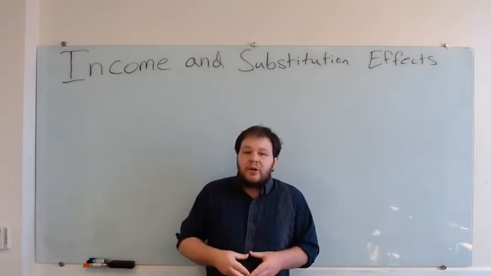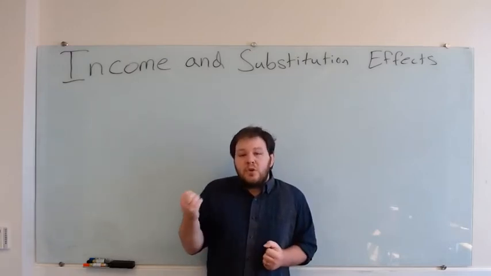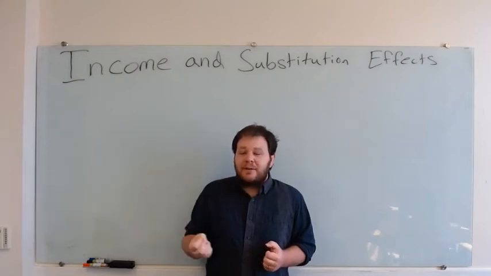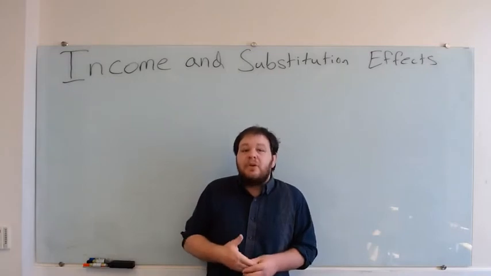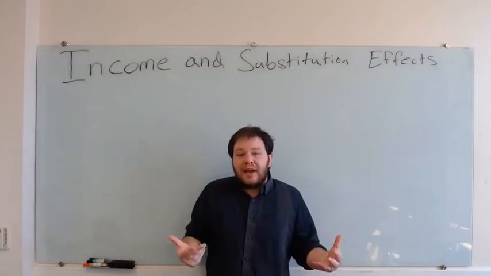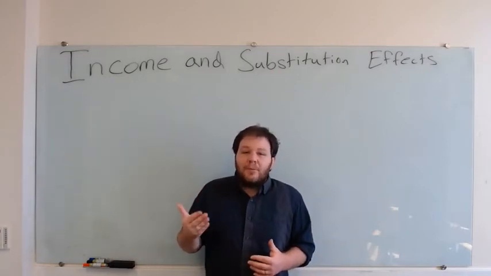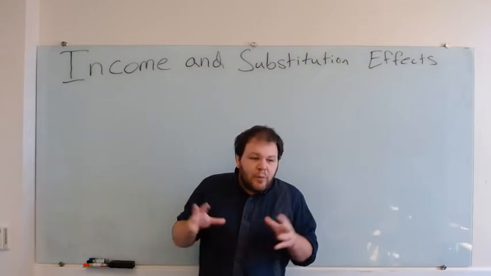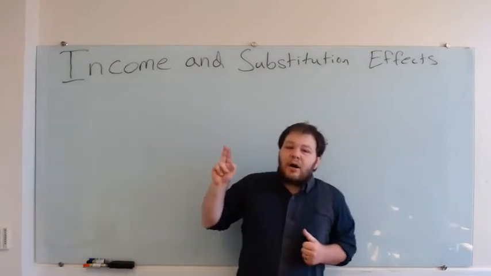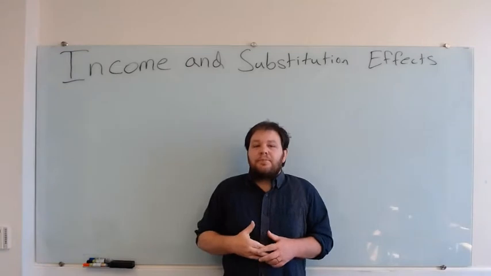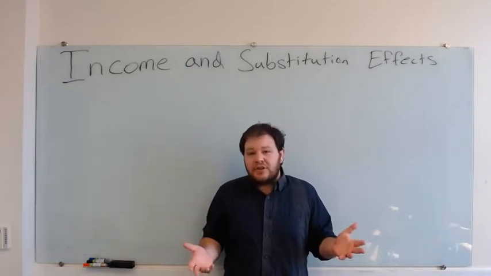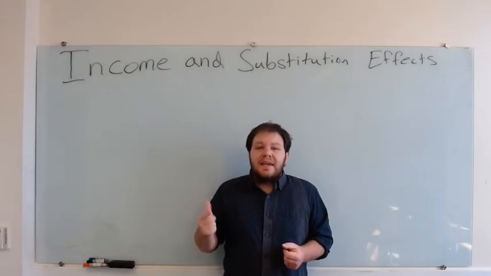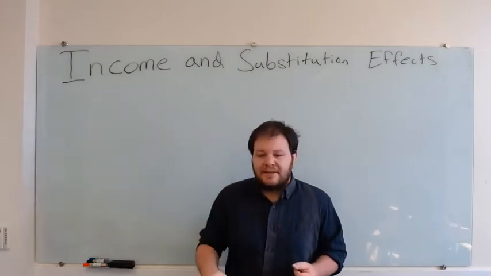In other words, we want to learn as much as possible from usually a fairly limited amount of information about consumer choices. So the way that we're going to do that is by building richer and more detailed theory that's going to allow us to make more complex predictions. So what we're going to do today is break apart the response that a consumer has to a change in prices, or really to any change in their budget constraints, into 2 forces: income and substitution effects.